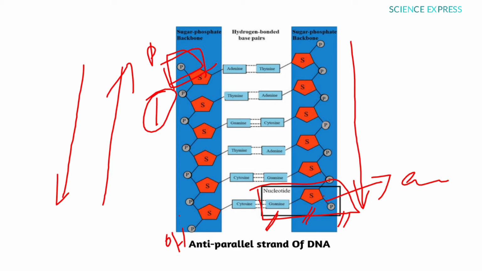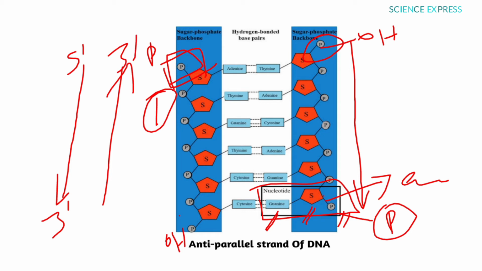So here we mark 5' end to 3' end. But in the other chain, that position is the hydroxyl group and that position is the phosphate group. So the hydroxyl group position is the 3' and the phosphate position is the 5'. So the orientation of the two nucleotide chains is 5' to 3' and 3' to 5'.